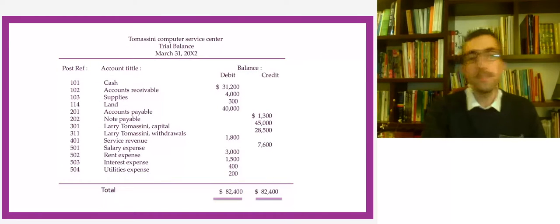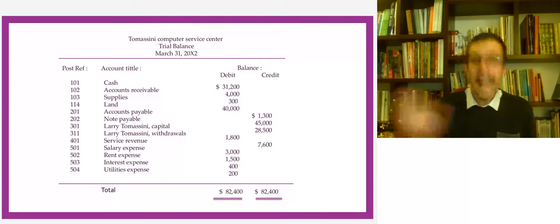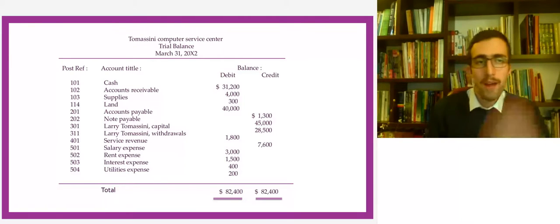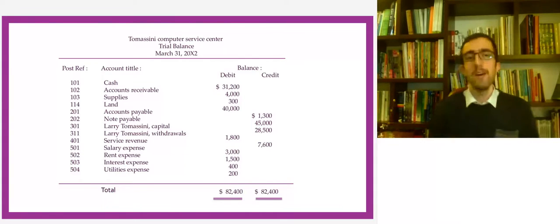And here on this page we have the Larry Tomasini Computer Service Center trial balance at March 31, 20x2. On the left side is journal and ledger reference. After that, account titles. At first it's assets, after that liabilities, then owner's equity. And the order of owner's equity is first capital, then withdrawal, then service revenue, and finally expenses.